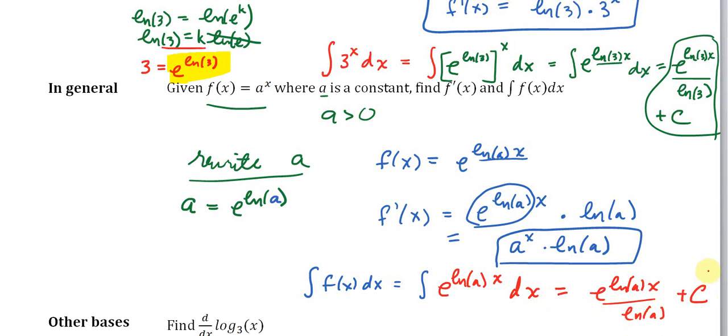And you can also see that this result works out quite easily with what we have here, just replacing 3 for a. All right, so there we have it, the derivative and antiderivatives of a function where the base is not equal to e.